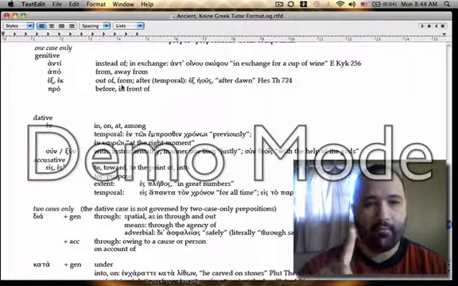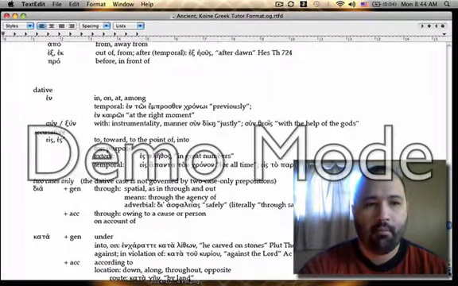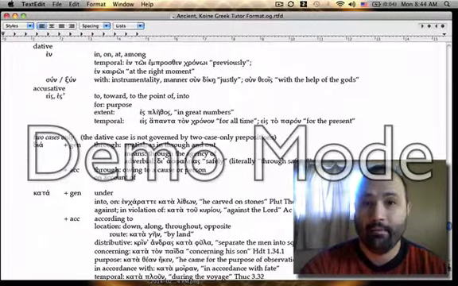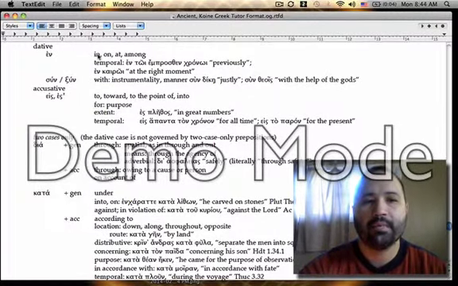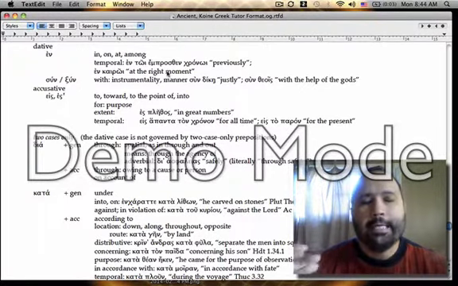And I'll give you an example of what that means. And then, of course, there are some prepositions that only use the dative, like en, which means in, or on, or at, or among. See that? And we give some examples here. For example, en kairo, which means at the right moment, in the right moment, meaning the right season.